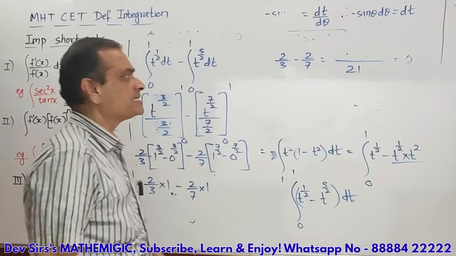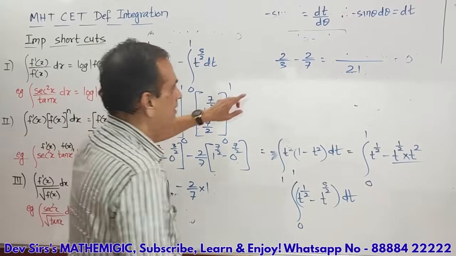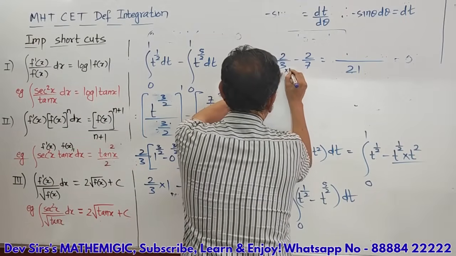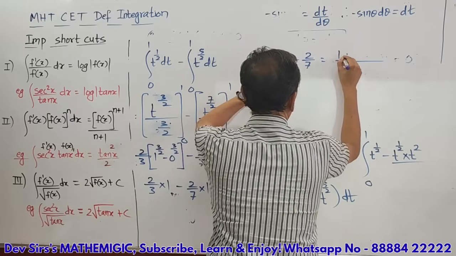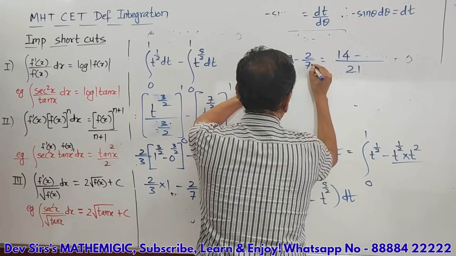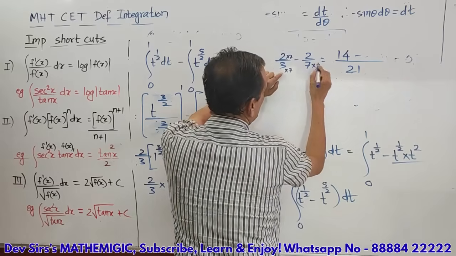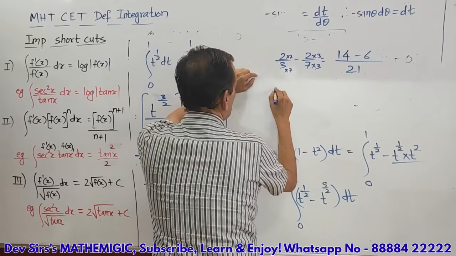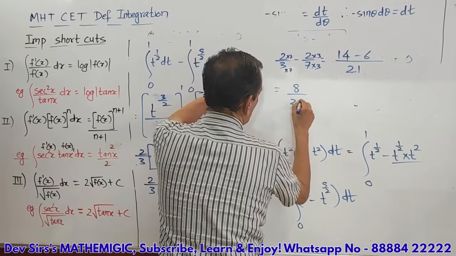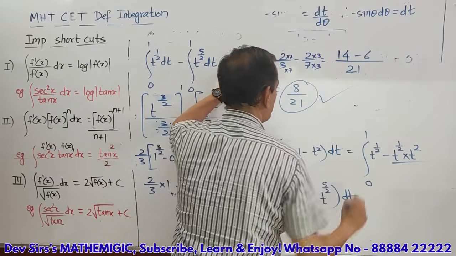The LCM of 3 and 7 is 21. 3 7s are 21, 2 7s are 14. 7 3s are 21, 2 3s are 6. 14 minus 6. That is the correct option given.